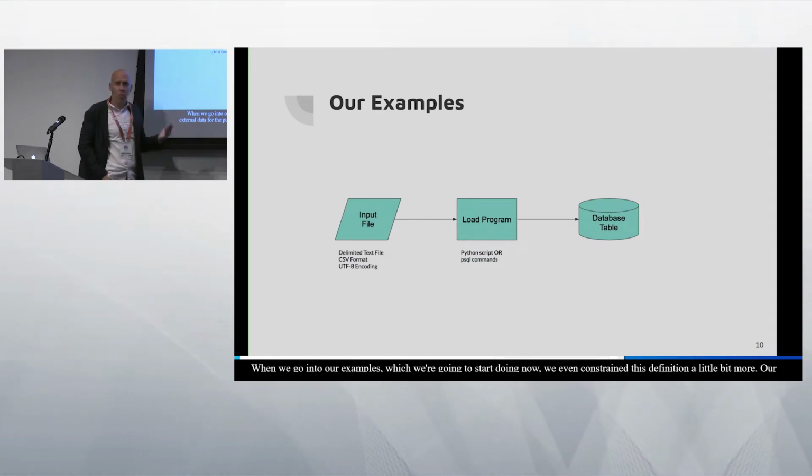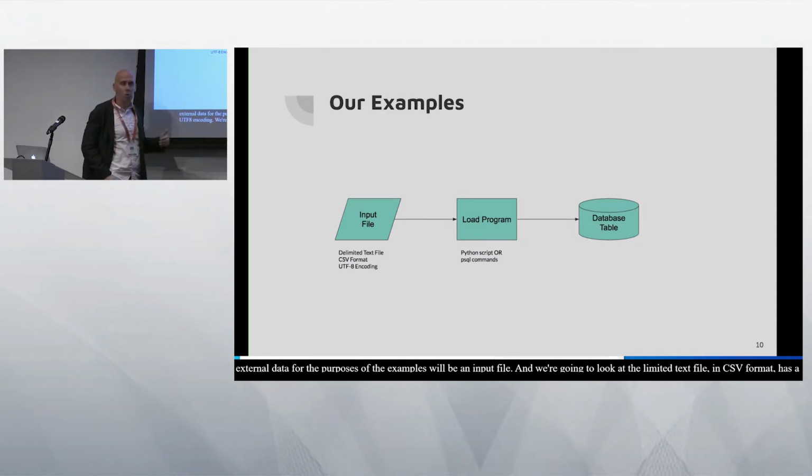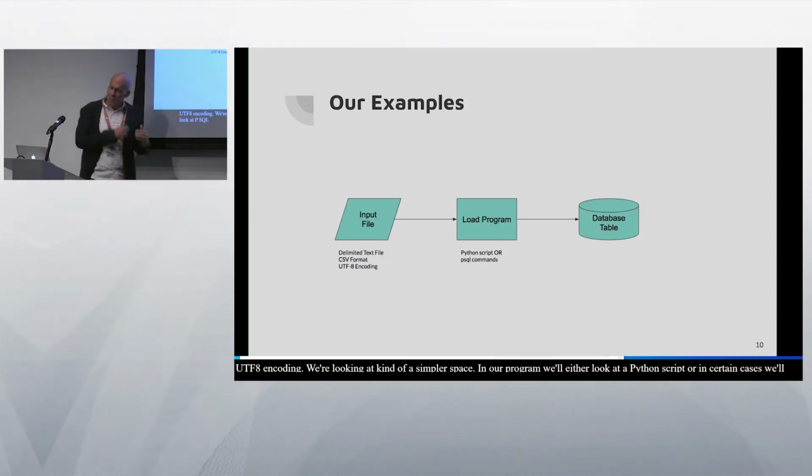In our load program, we'll either look at a Python script or even in certain cases, we'll look at just using psql commands for loading the data into a specific one database table, right? So it's simplified. Granted, it's a very simplified context, but it gives us a way to look at these techniques for making the loads perform more quickly.